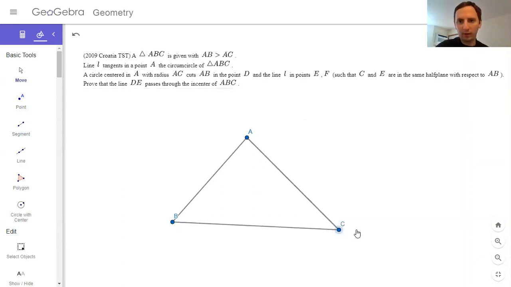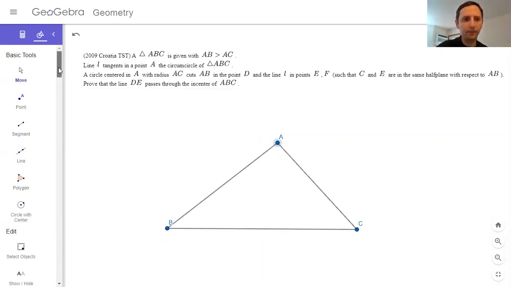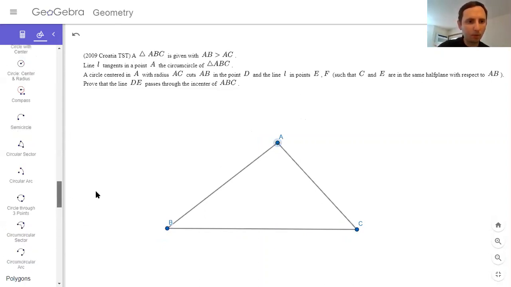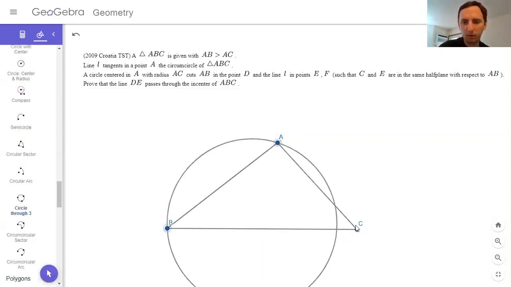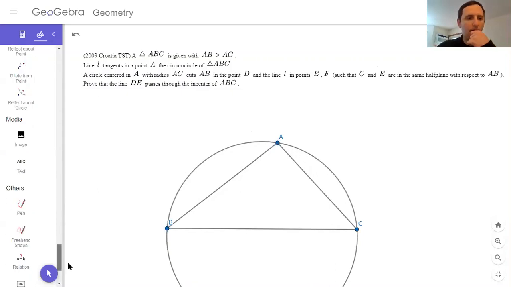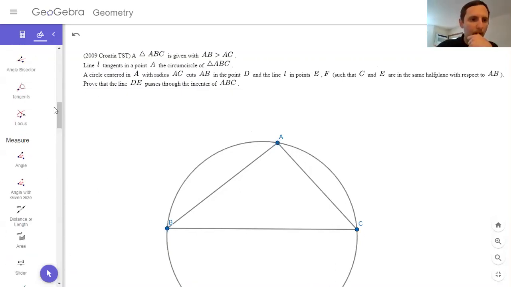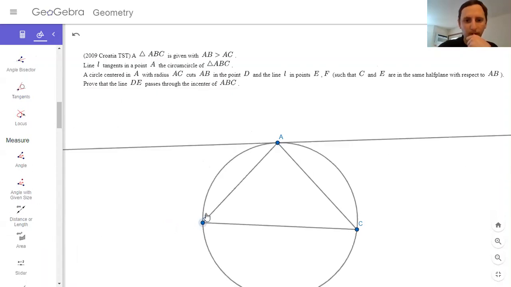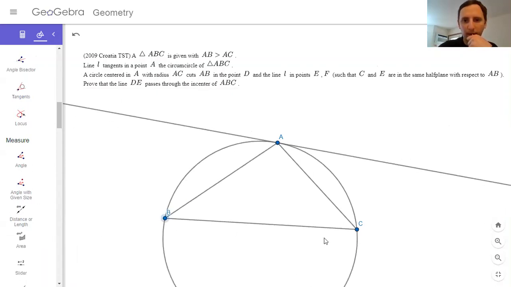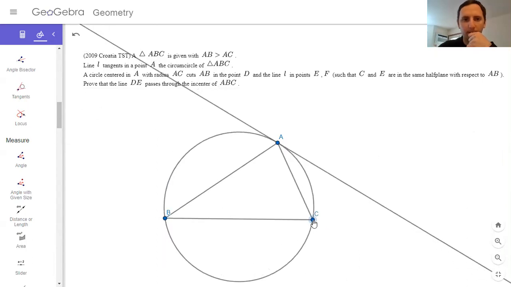Then we have a tangent to the circumcircle at A. AB has to be the greater one.